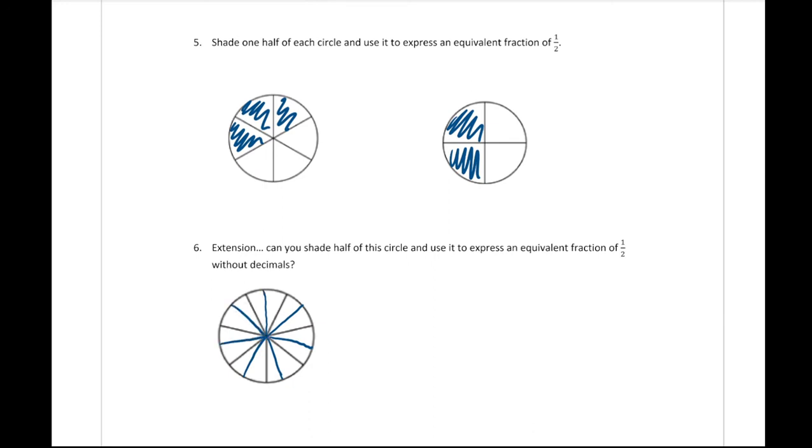But now it's a little bit easier to shade it in, because I can shade in exactly 1, 2, 3, 4, 5, 6, 7 slices. So instead of doing 3.5 out of 7, I can shade 7 out of 14, which is the same as 1/2.